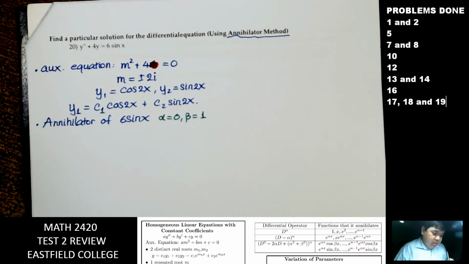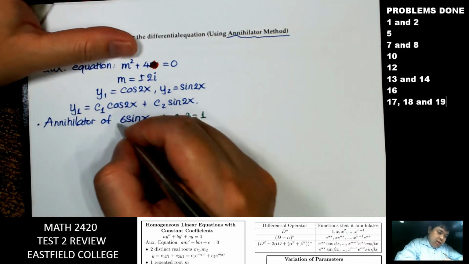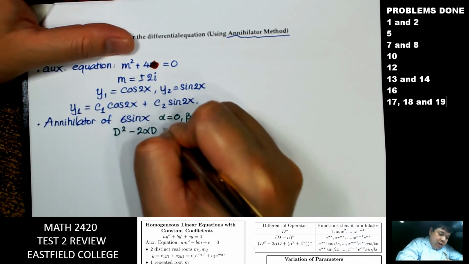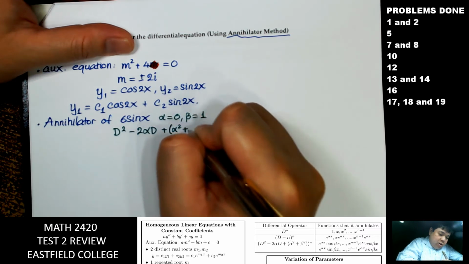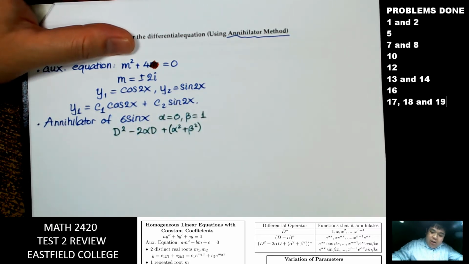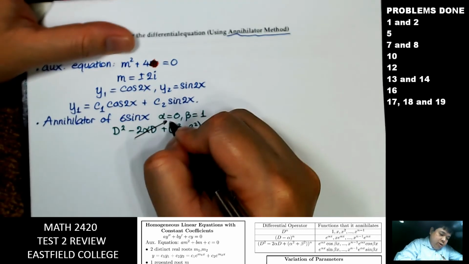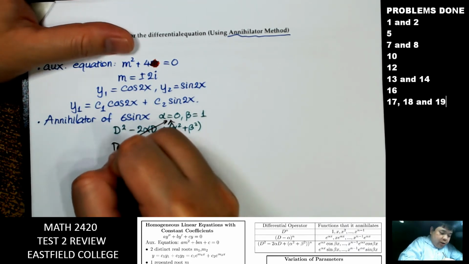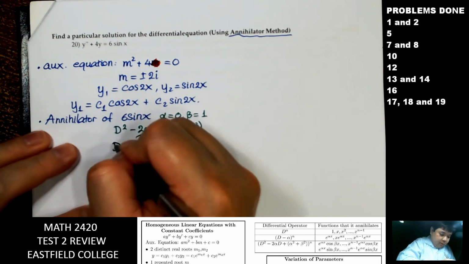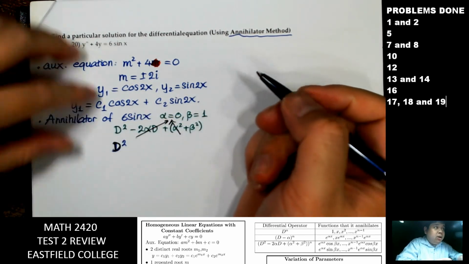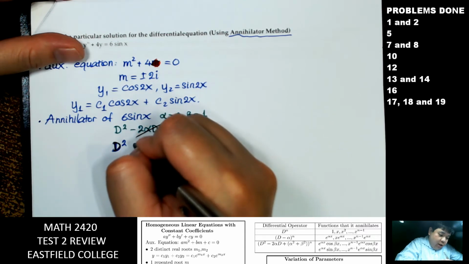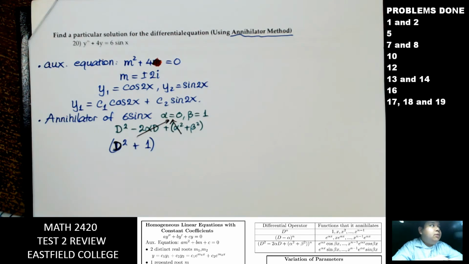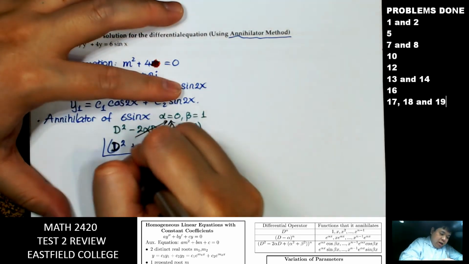It will be taken care of by itself. So d squared minus 2 alpha d plus alpha squared plus beta squared. Both of these go to 0. So the annihilator here will be just d squared plus beta squared. Right, that. So this is the annihilator.